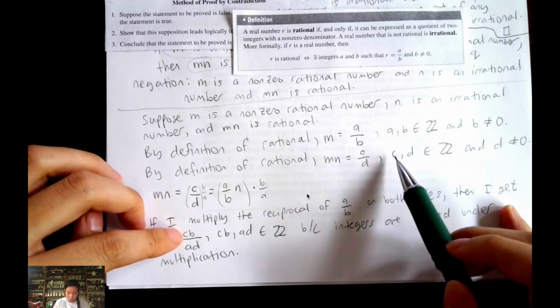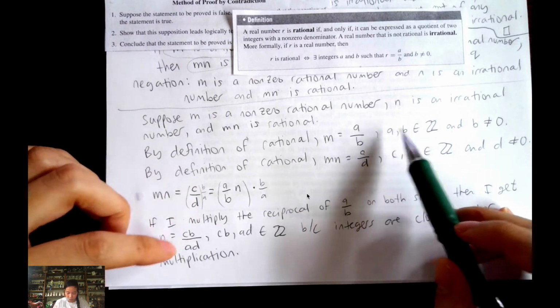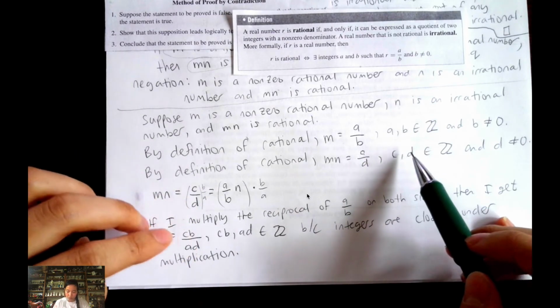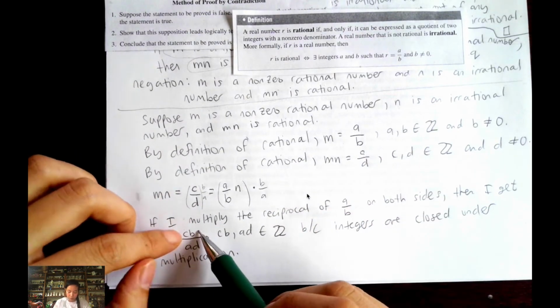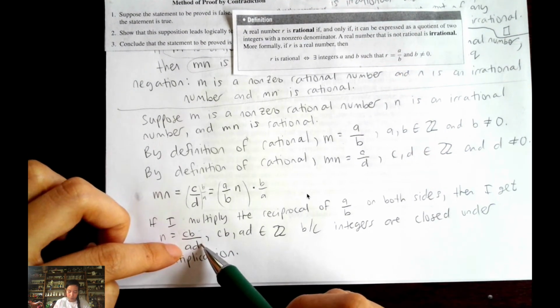So c is an integer, b is an integer, a is an integer, d is an integer. So the numerator is an integer and the denominator is an integer.